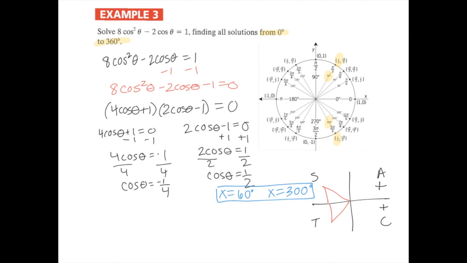Now that I know where my angles should be located, I'm going to use inverse cosine to solve this equation for theta. So remember, if I take the inverse cosine of both sides of this equation, on the left side, it would cancel out my cosine. And on the right side, I would actually use my calculator. So this will get canceled out and I'll be left with theta.